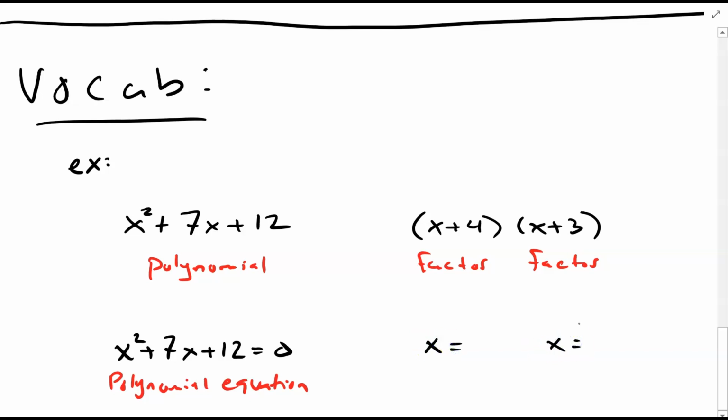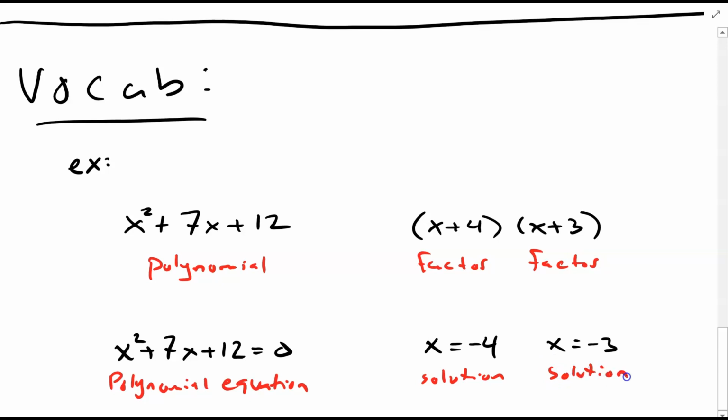Should be able to do this now quite easily. Very good. -4 and -3. How'd you do that so fast? You used the factored form and set each of the factors equal to 0 and solved. Good. So these are solutions then.